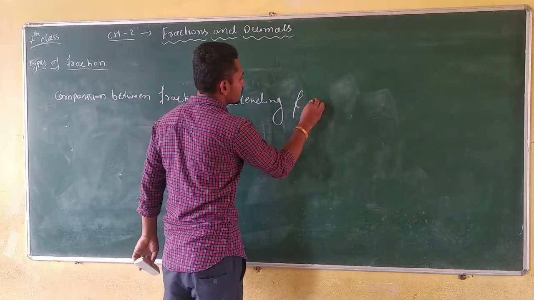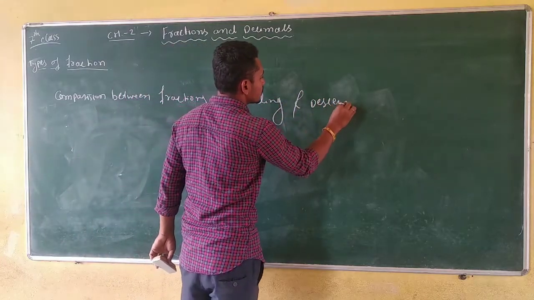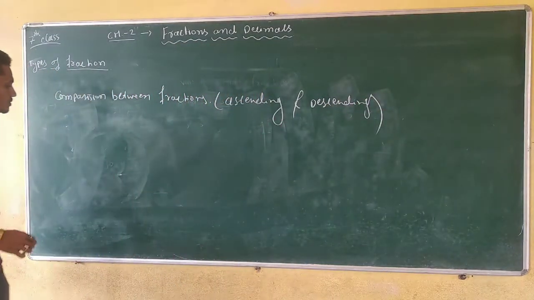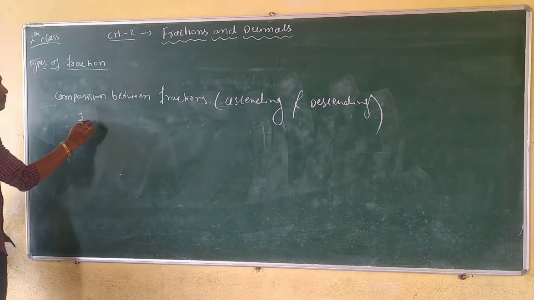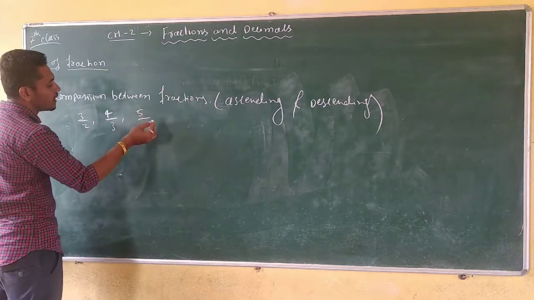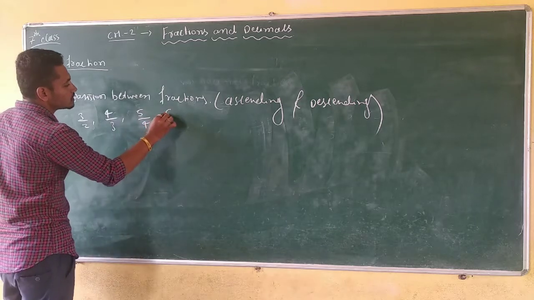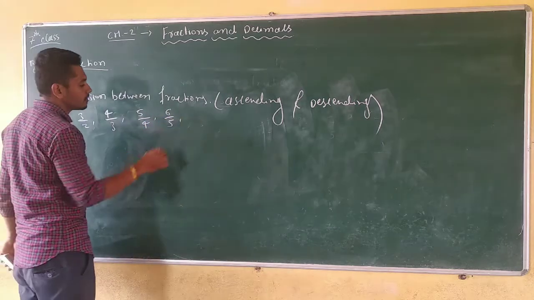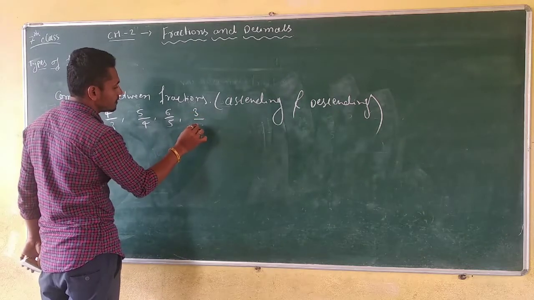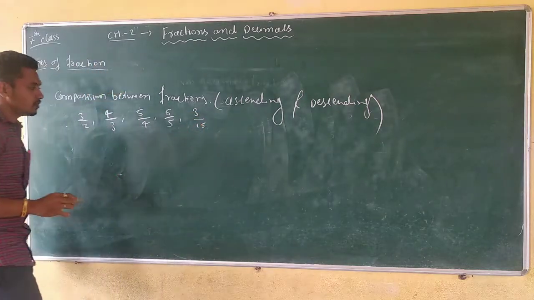Ascending and descending order. So see here: 3 divided by 2, 4 divided by 3, 5 divided by 4, 6 divided by 5. Next, 3 divided by 15.